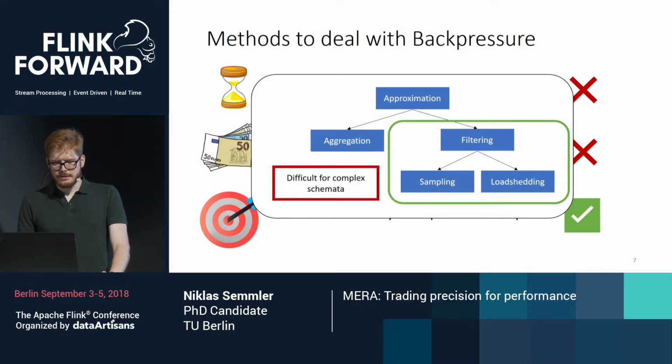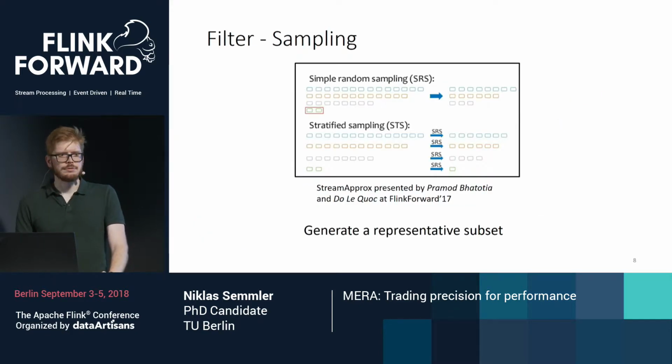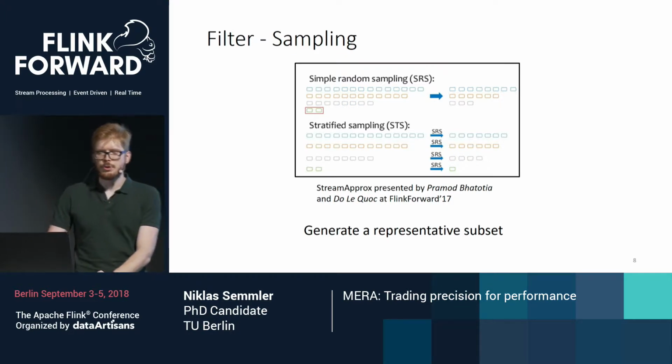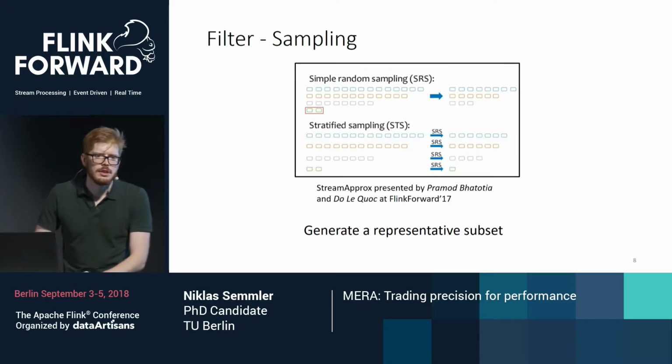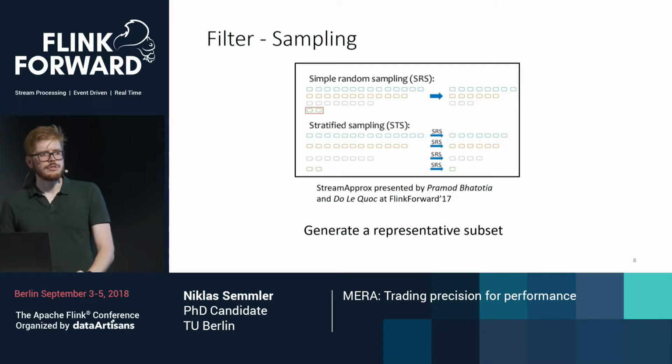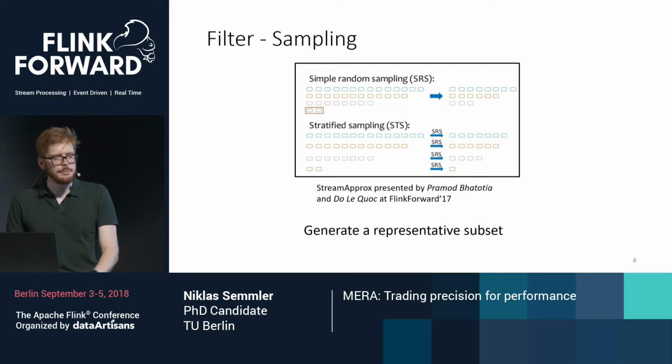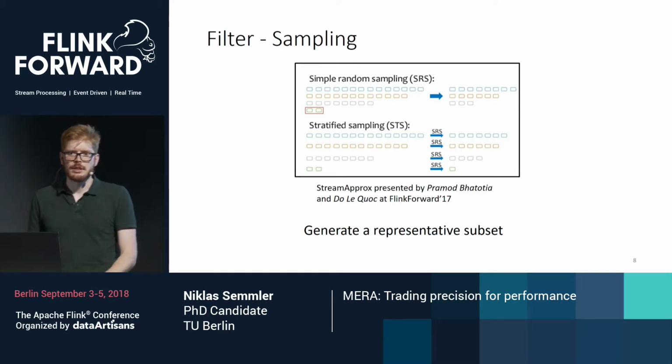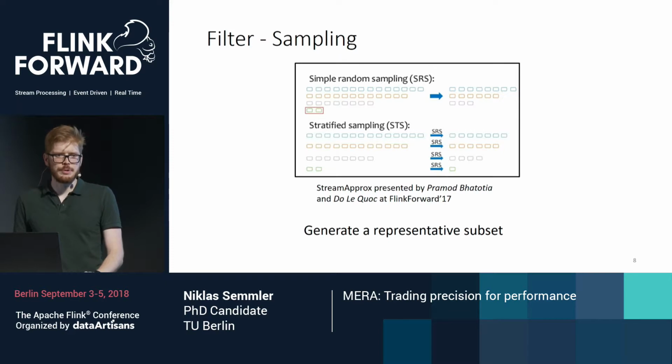Now, if you have attended the last Flink Forward last year, there was a talk about StreamApprox. In StreamApprox, the authors argued that you could always rely on simple sampling to reduce the load in the system. But this has the big disadvantage that in the end result, the small number of items that belong to one category would not be represented.